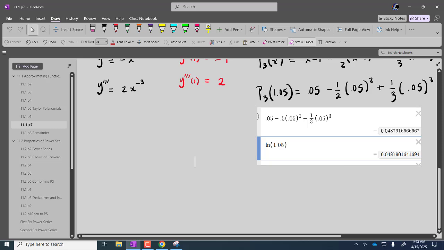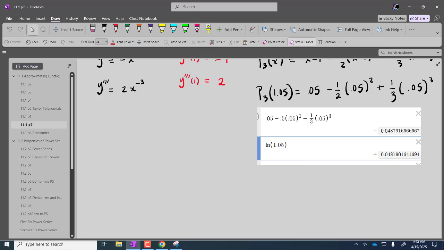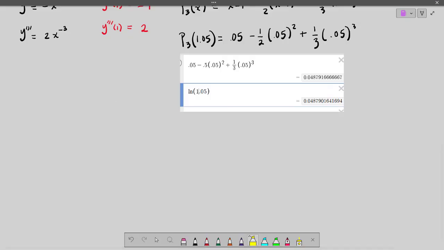So we see our approximation is pretty darn close. So there's the quote-unquote actual value, and our approximation is accurate to, let's see, 8, 7, 9. So we're accurate to 5 decimal places, and we only went out to the third order approximation.